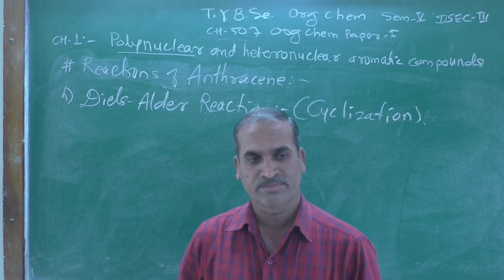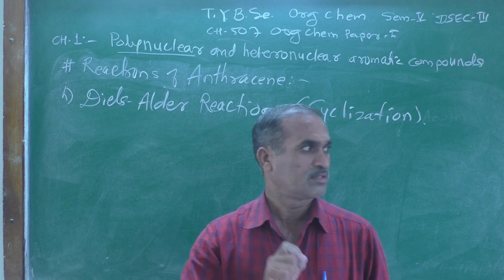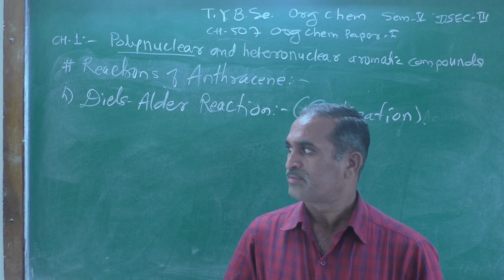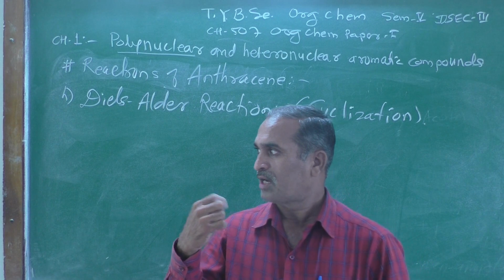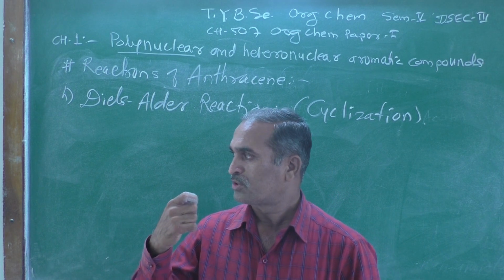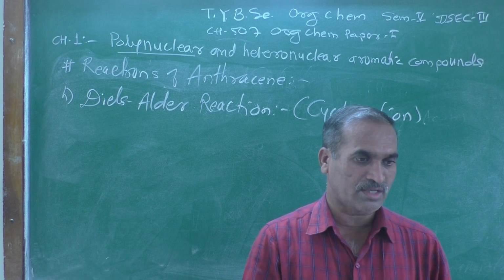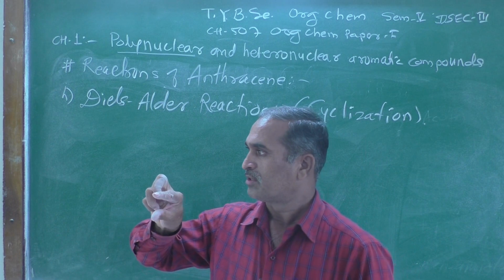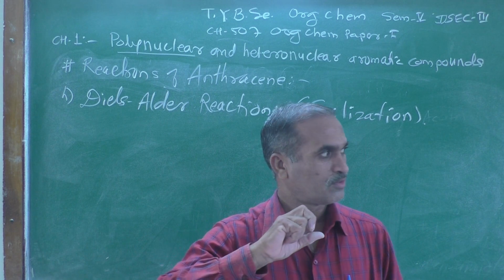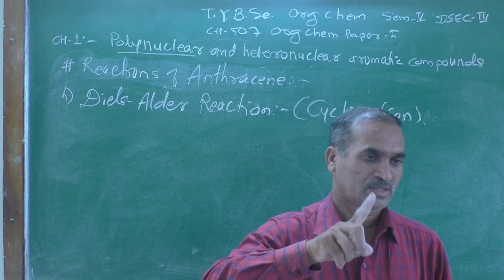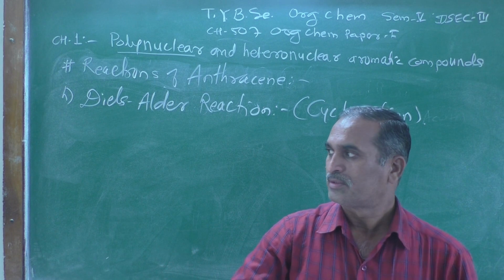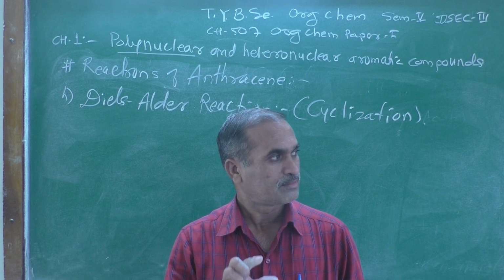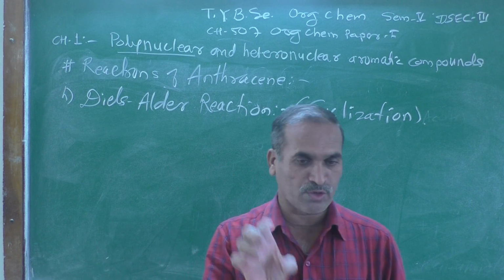The reason behind it is that in the trans form, the two ends of the diene are about 3.4 angstrom apart, and for the reaction to occur, according to van der Waals attraction, the two ends must be at a distance of about 2.4 angstrom.